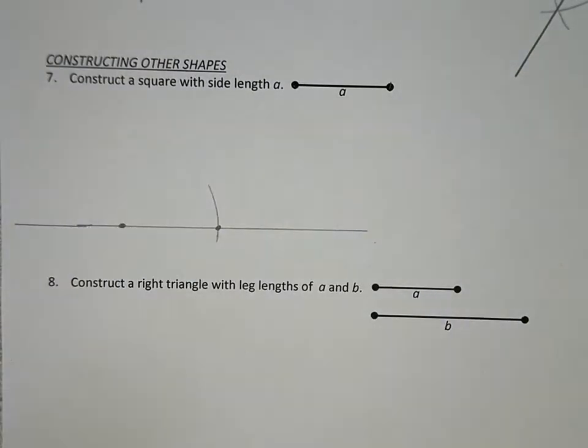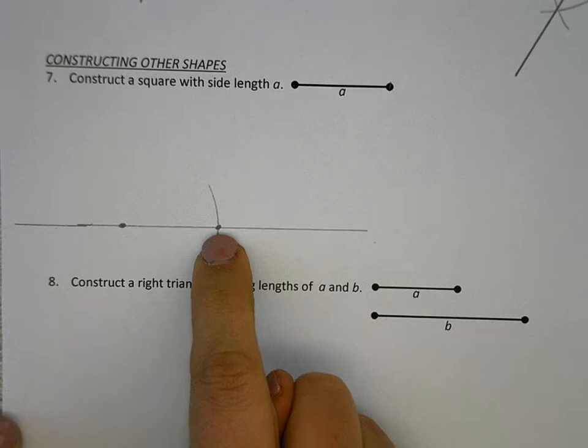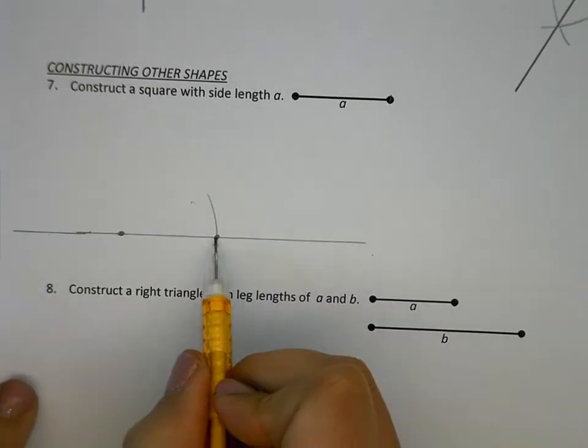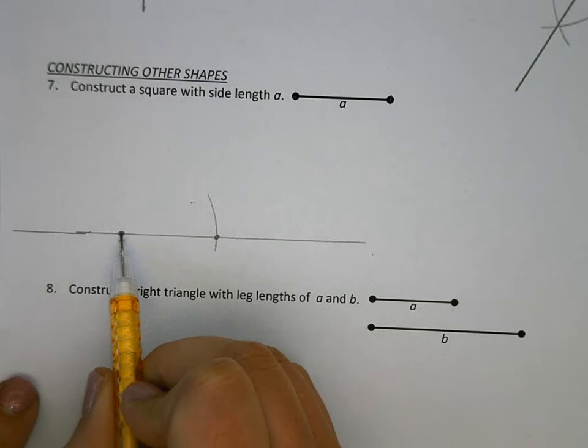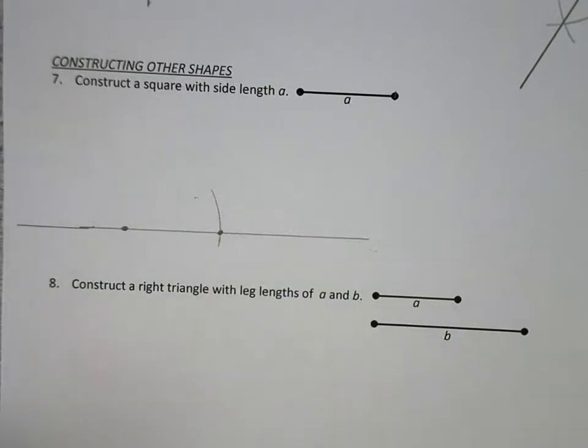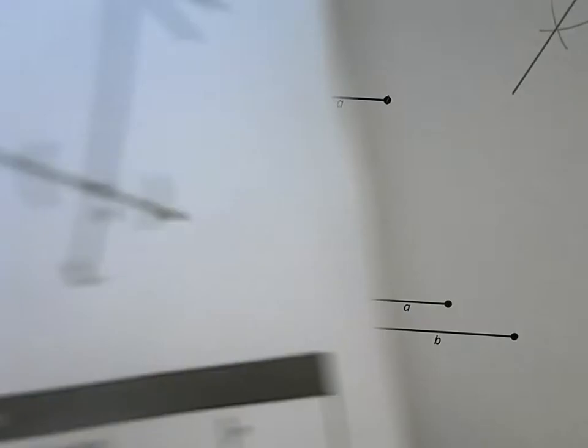What else do we know about squares? All the angles are what type of angle? 90 degrees. So I need to make a perpendicular through this point and a perpendicular through this point. That's exactly what we just did, constructing a perpendicular through a point, right?